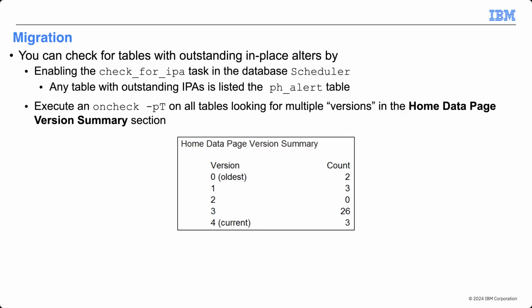and you want to check for the data page version summary section, because it will show what the different IPAs are. So in this particular case, I've got 5 different versions of the row for this particular table, version 0 through 4, and you can see the number of rows that are using each of the different row versions.